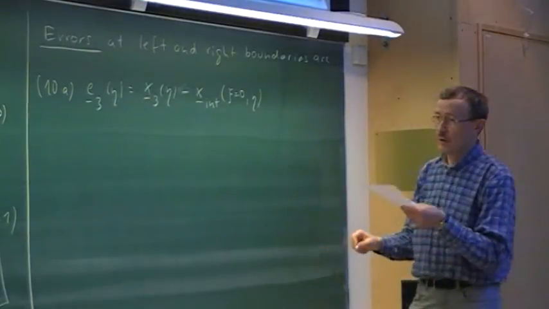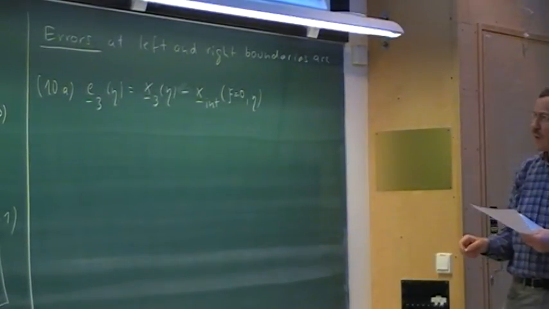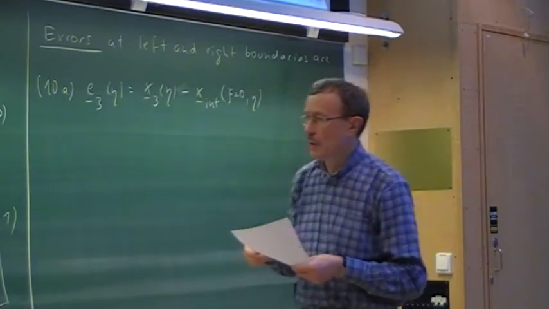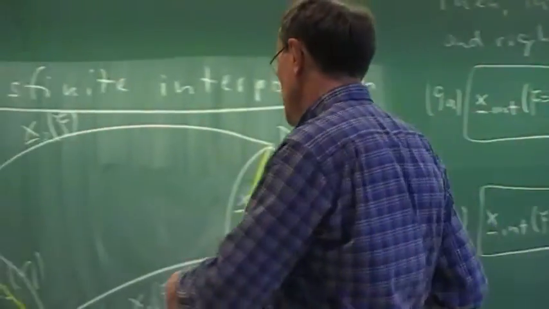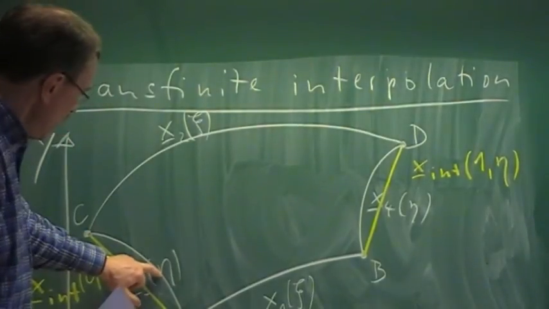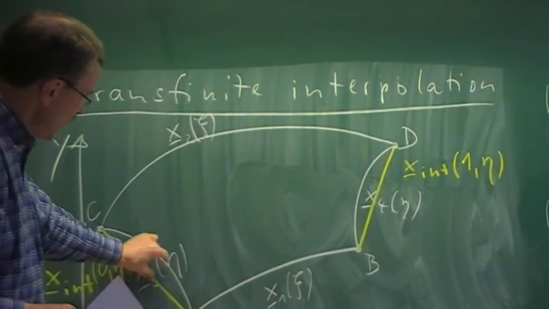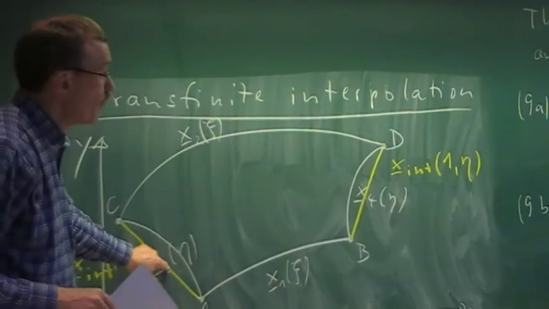So that's the error that we have on the left. So the exact one is here, and then the corresponding one is here. So that's then the error: this minus this.